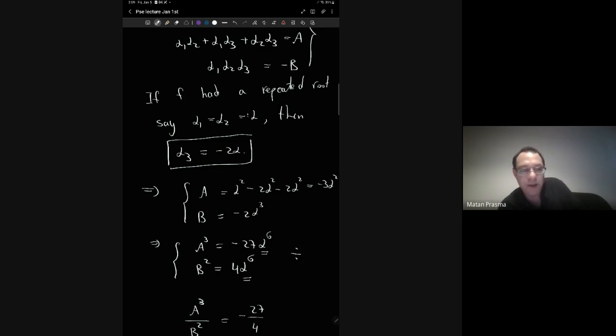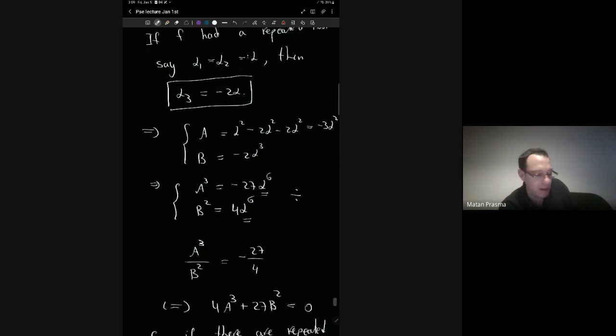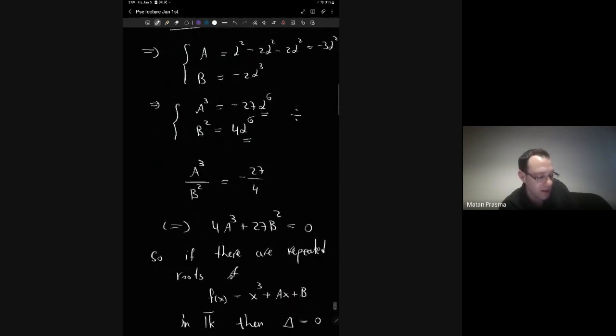I write all the equations, and then I manipulate them in a way so that I get an expression depending only on the coefficients of the original polynomial, and not depending on the roots themselves, alpha, alpha 1, alpha 2.